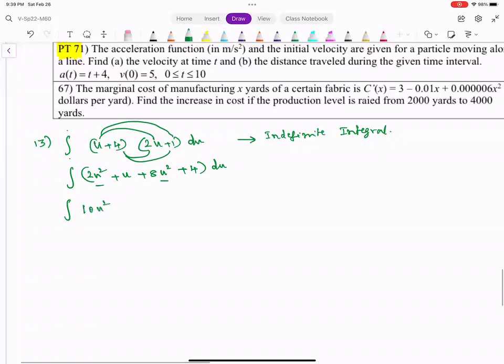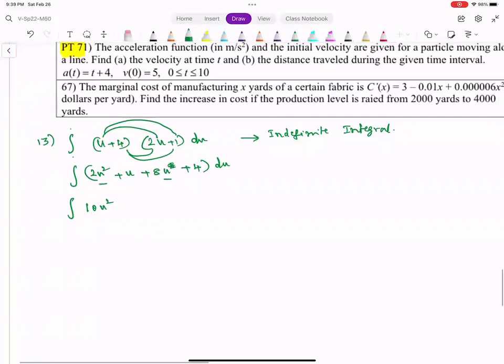So 2u square plus u plus 8u, just 8u. So it is 2u square. Combine the like terms, that will be 9u plus 4 du.